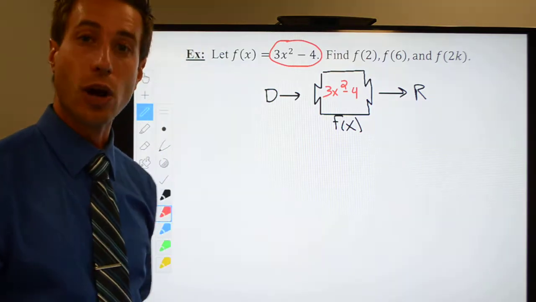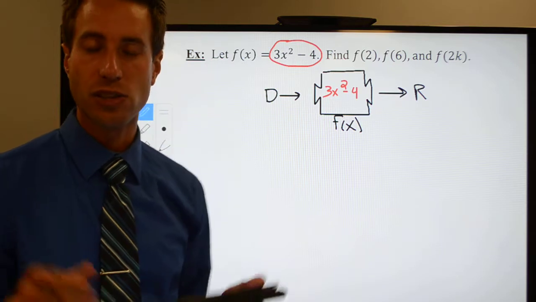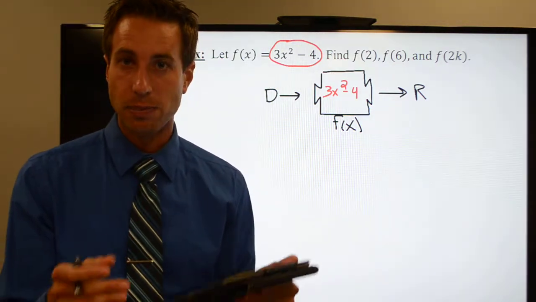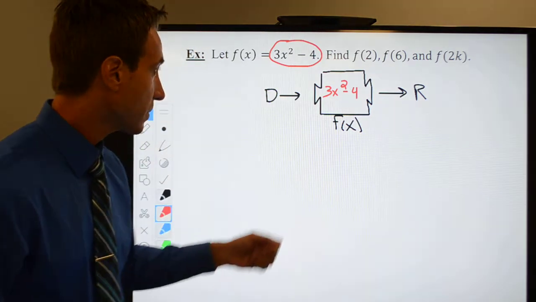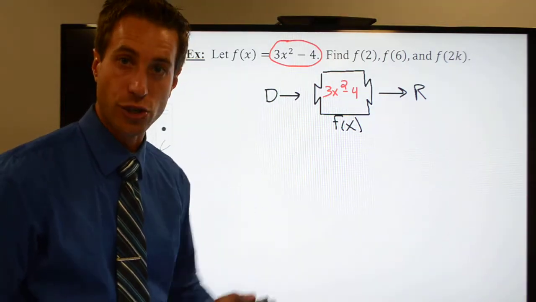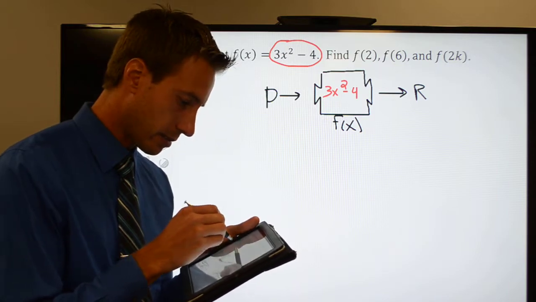Now, what we're going to do is take a look at evaluating these functions because we want to write it in a way that's very neat, simple, and easy to use. So the value I want you to plug into the function will always be in parentheses. Let me rewrite this.